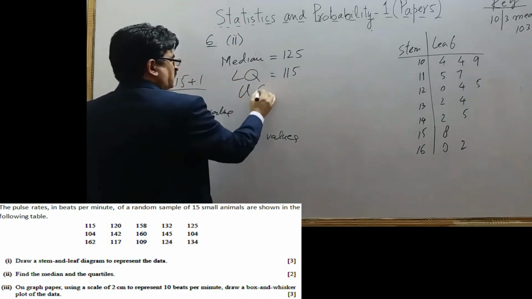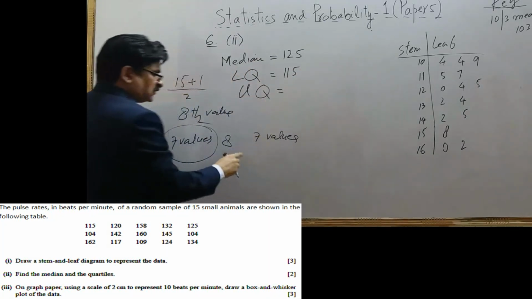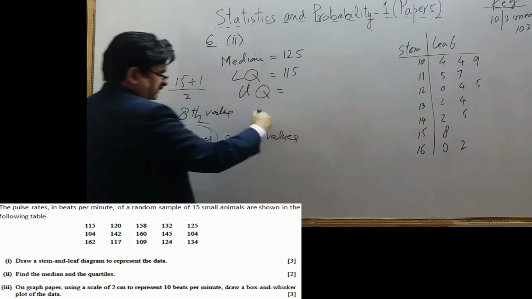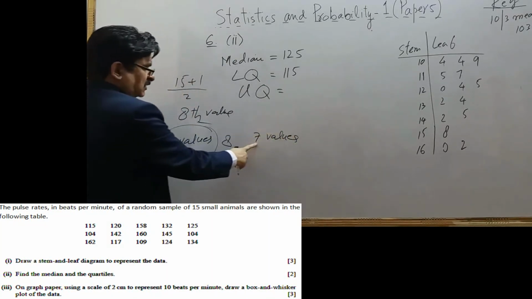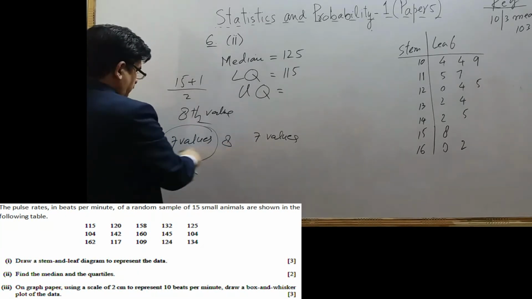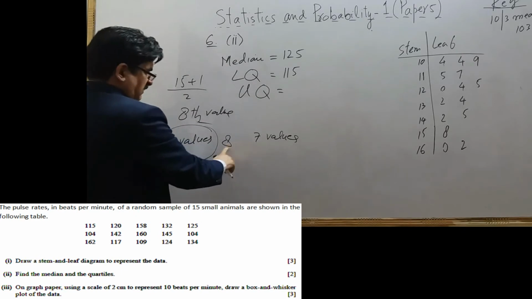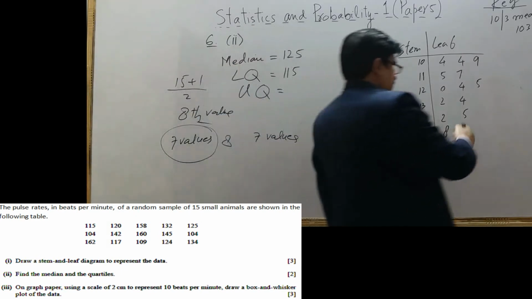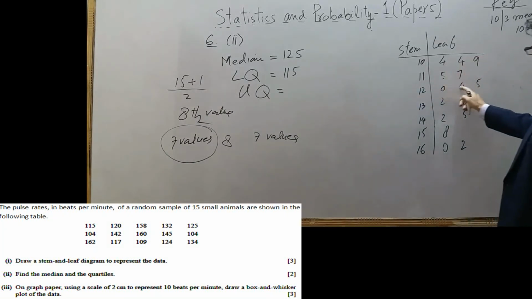Then we have upper quartile. For the last 50%, the second 50% of data, there are 7 values. Again you need the 4th value after 8. So where is 8? 1, 2, 3, 4, 5, 6, 7, 8.